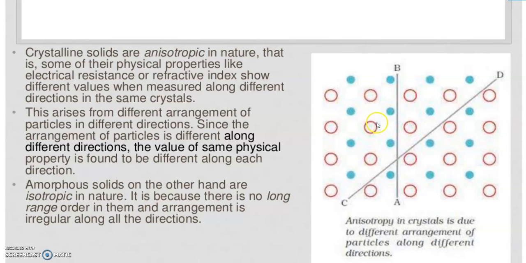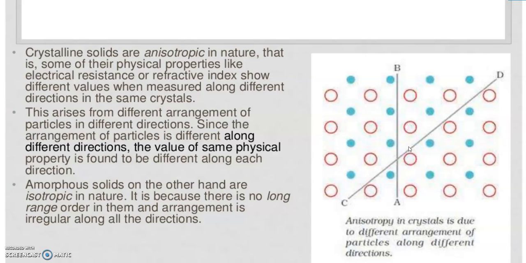We know x-axis, y-axis and z-axis. In each direction, it will show different values, not isotropic. Isotropic means in every direction it shows the same value, and anisotropic means in each direction it gives different values. So crystalline solids are anisotropic in nature.